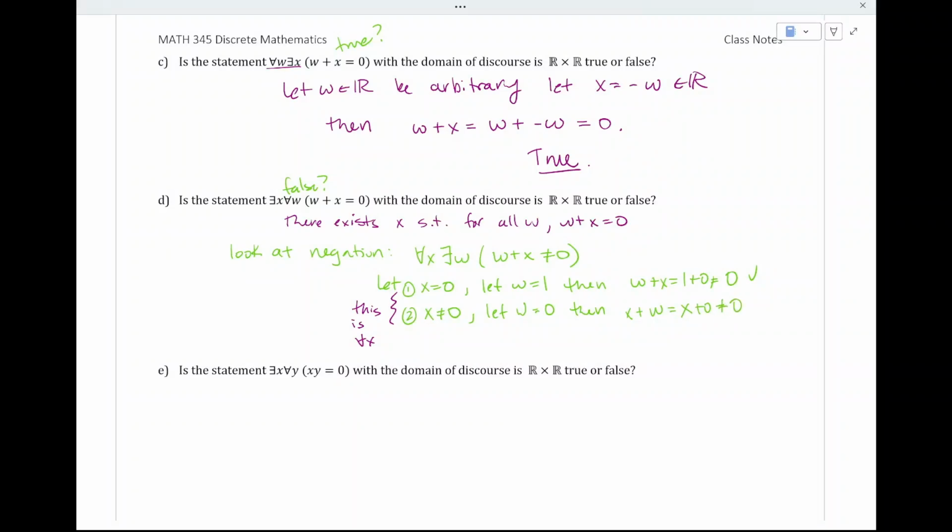So I've shown this is true as well. For all values of x, I've been able to find a case where this is true. So I've proved that the negation is true. If I've proved the negation is true, that means my original statement is false.